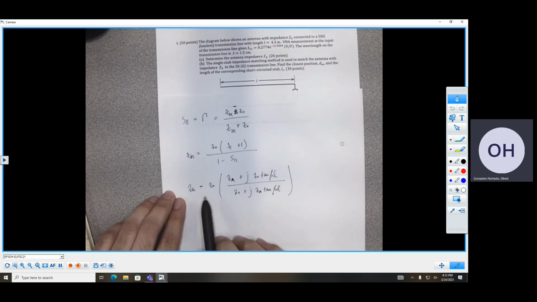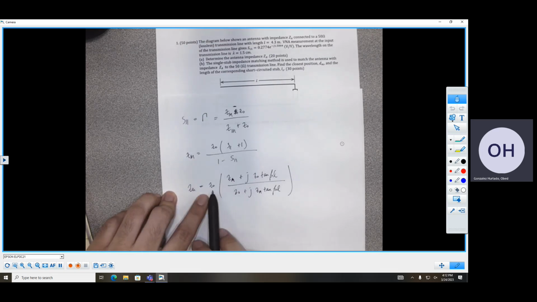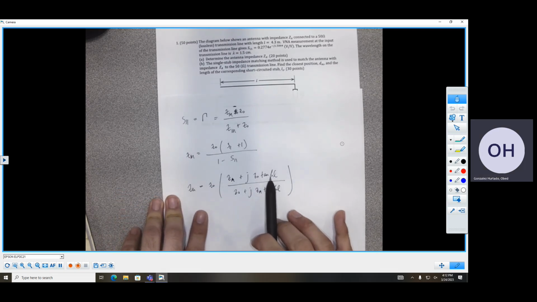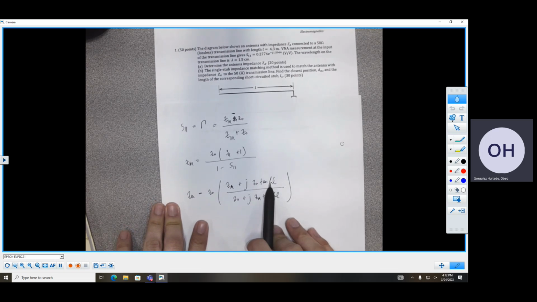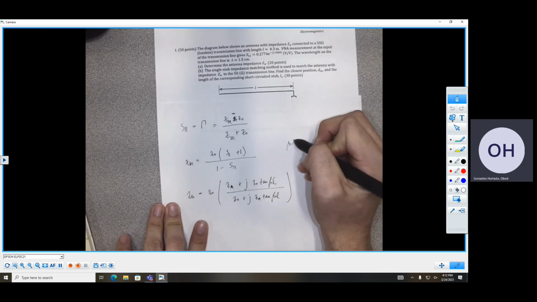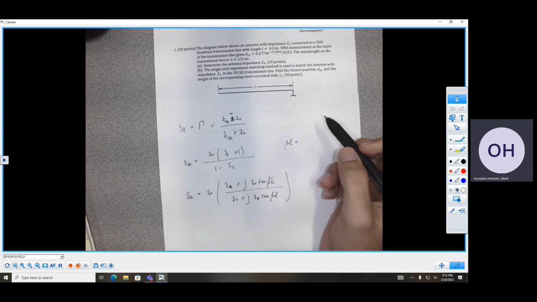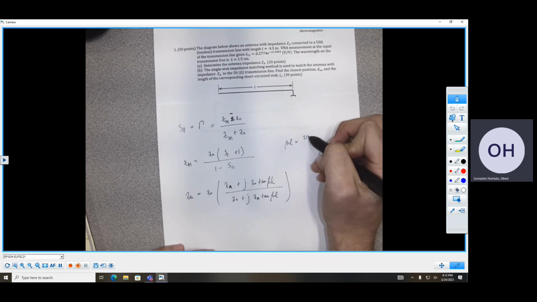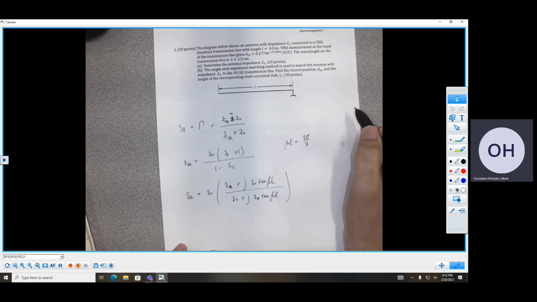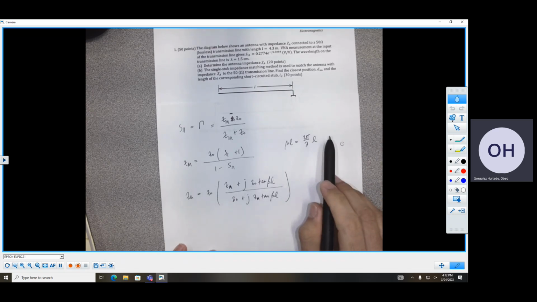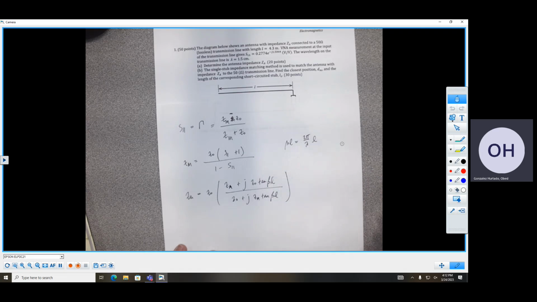From here, we know Zn because we found it above. We know Z naught. Za is the unknown. Beta we can find because we're given wavelengths, and then the length we know as well. So let's solve for beta L. What's beta equal to? We know it's 2 pi over lambda, and then the length is just length. We know lambda, we know length. So that's known.